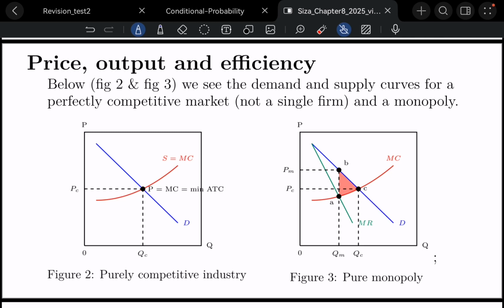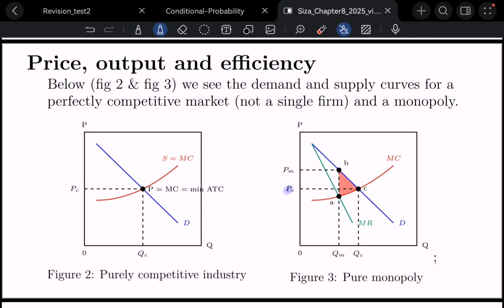So now if you look at these two, if we look at where a perfectly competitive market would produce this good, it would produce where the price is PC.